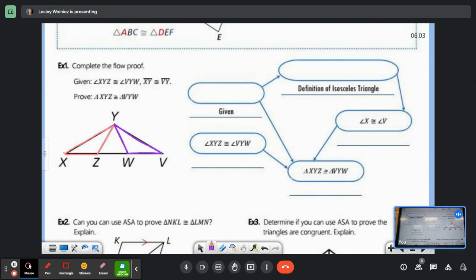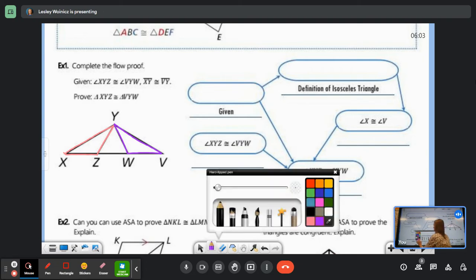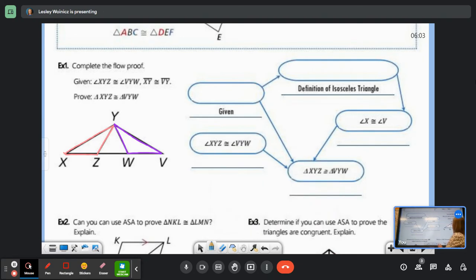In order to do this, they've given us some helpful information. We know that angle XYZ is congruent to angle VYW. And you can see that is one of our first steps in our proof. So let's complete that step and write given.